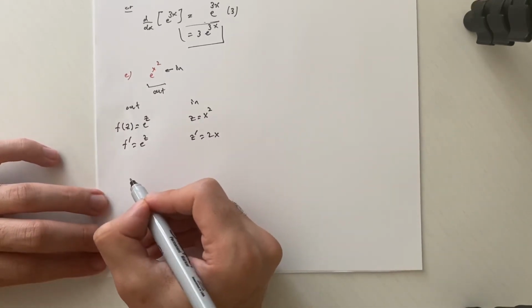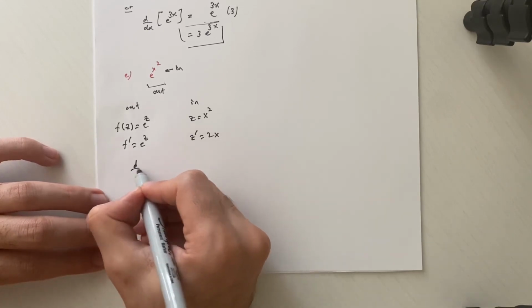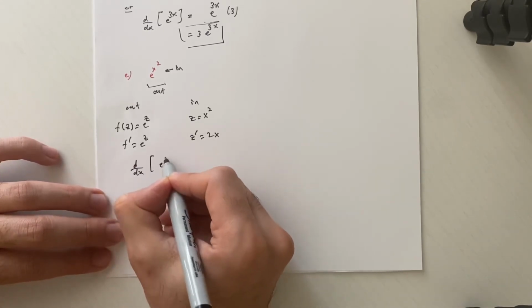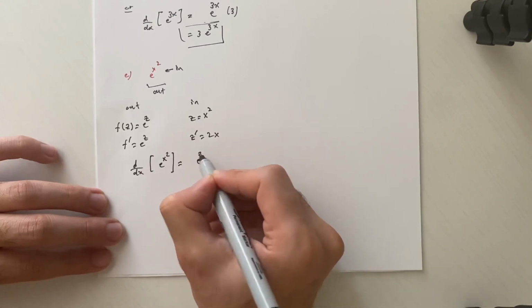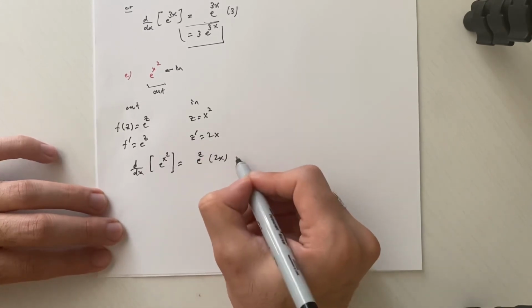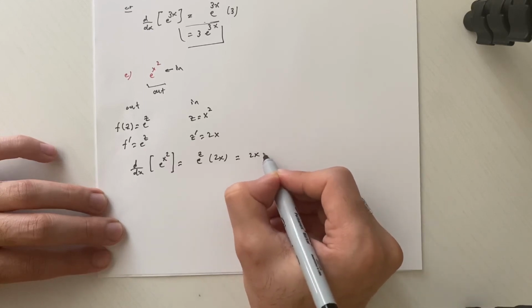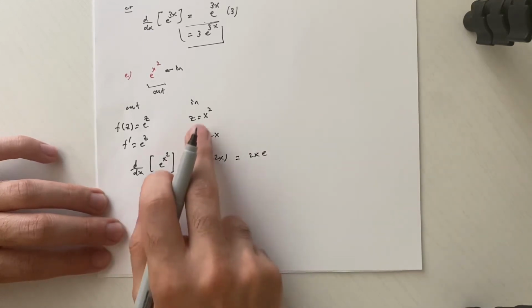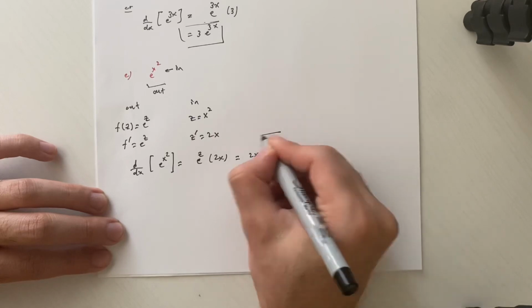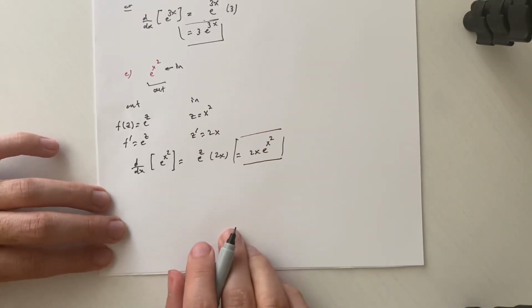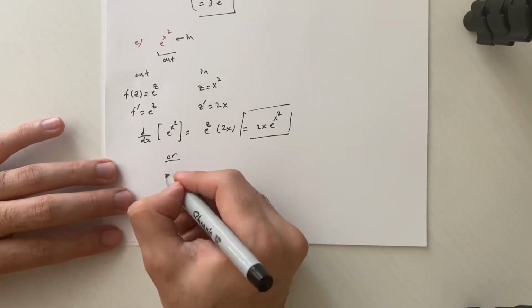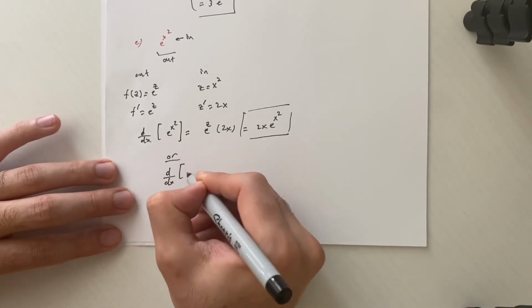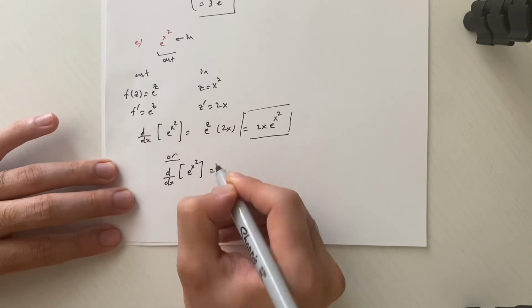And now we are ready to apply the chain rule. We have to multiply f prime by z prime. Now we want to write this function in terms of x. That's our answer.